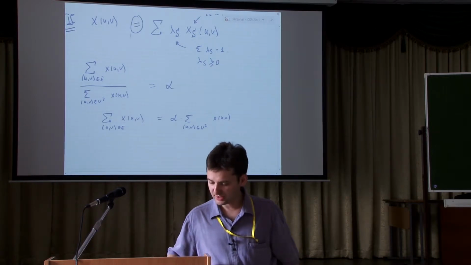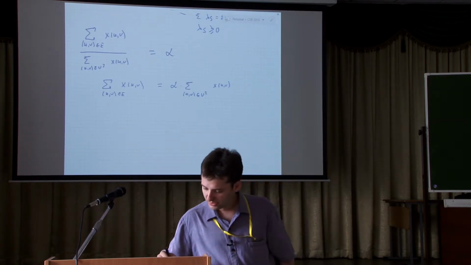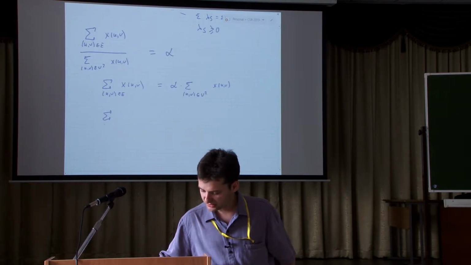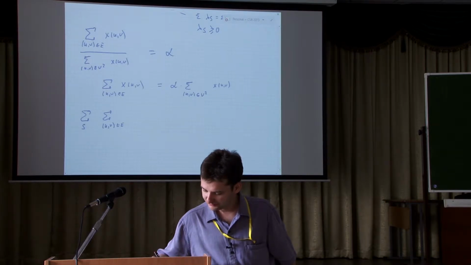So our assumption is that x_uv can be expressed as a convex combination of cut metrics, and we will get, changing the summation here, the summation over all edges uv. Let's put the sum over all sets S in here.